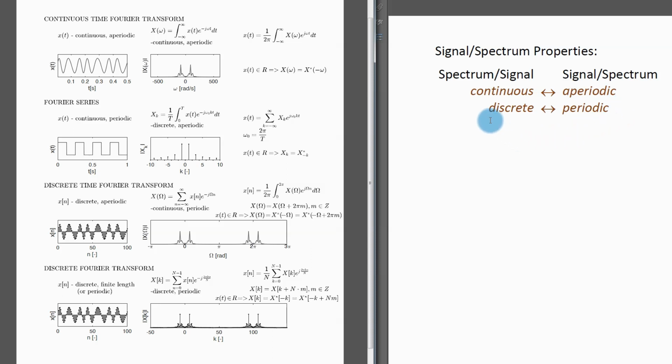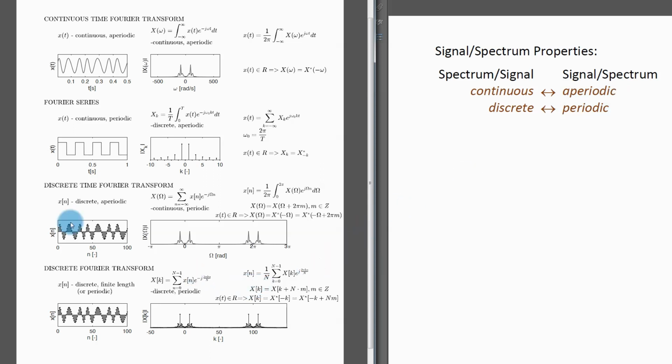If we have a signal that is discrete, its spectrum is going to be periodic. And it actually works the other way around. If we have a signal which is aperiodic, then the spectrum is going to be continuous. If we have a signal that is periodic, then the spectrum is going to be discrete. And it also works for spectra. If the spectrum is continuous, then the signal is aperiodic, and so on and so forth.